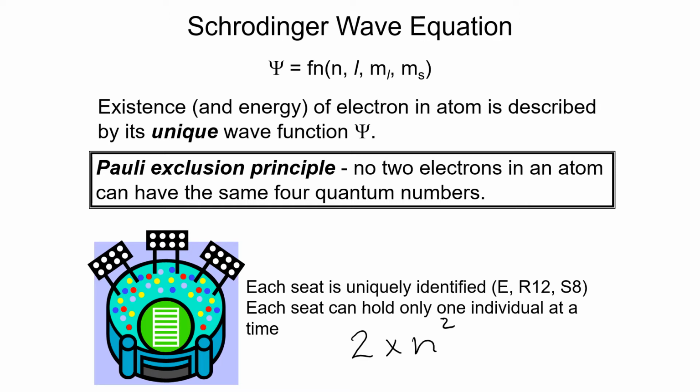So if we are in n equals 1, the first energy level, then 2 times 1 squared equals 2. And that is the maximum number of electrons allowed in an s orbital. Okay?